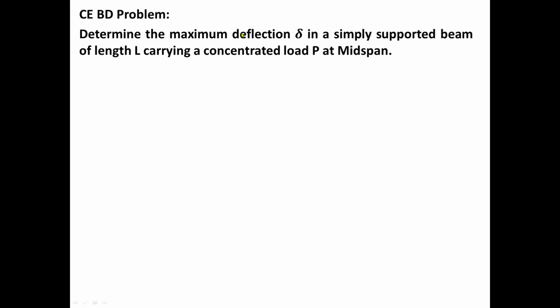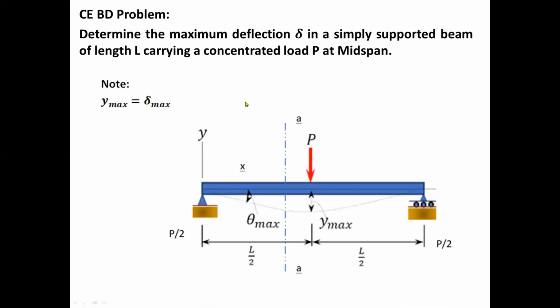So ibig sabihin meron tayong concentrated load na P sa pinakagitna ng span ng ating beam. Ang length ng ating beam, I've used the variable L which stands for the length. Ibig sabihin variable yan. Now, yun yung ating figure. Pag-aralan nyo muna maigi ang figure before we proceed.